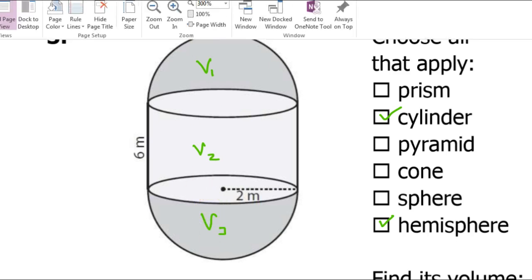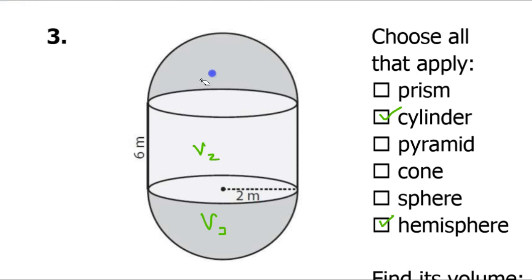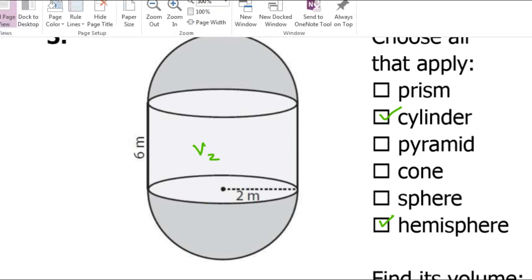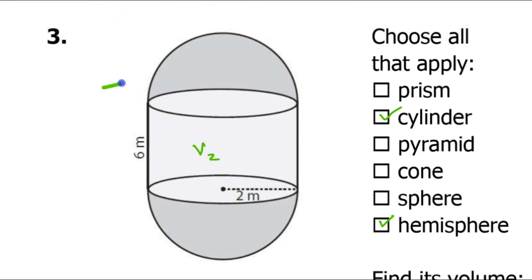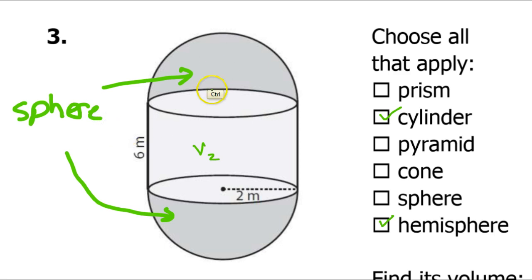Now, there's a slightly quicker way. And that is, if you look at the fact that we have 2 of these, if I take 2 hemispheres and put them together, what do I have? These are 2 halves of a sphere.